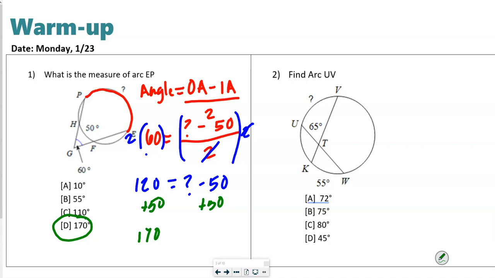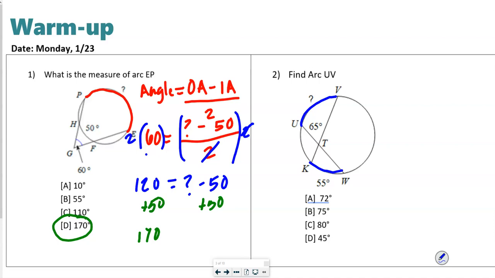Okay. All right. You can either pause the video again here, or we'll just go on. Okay. So this next one is arc UV. So we're looking for arc UV. And on this problem, what we do is we do arc plus arc divided by 2 equals the angle.